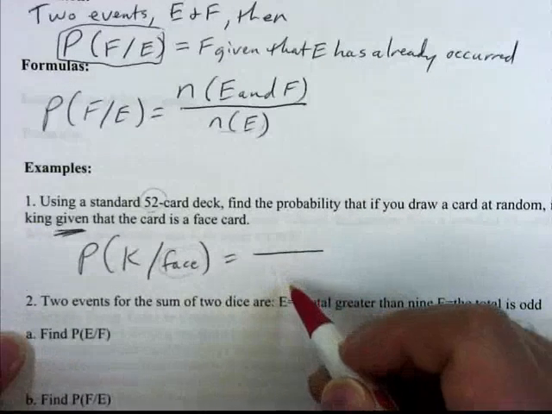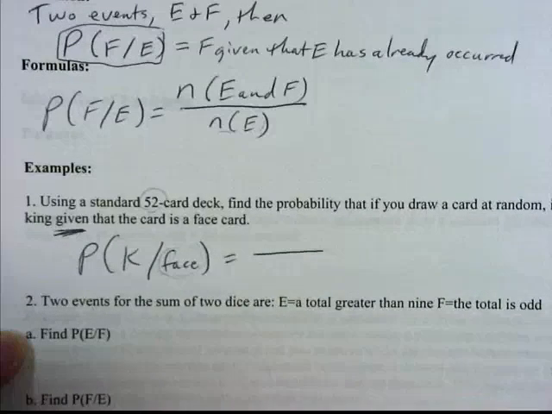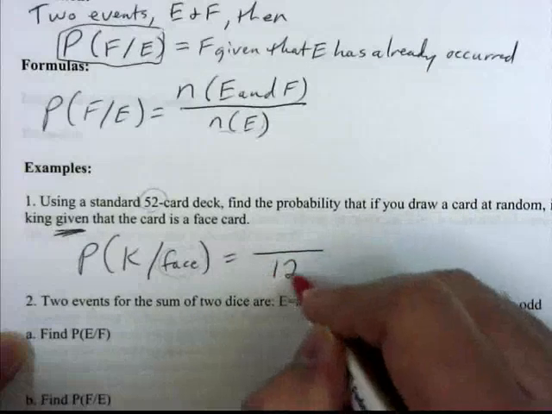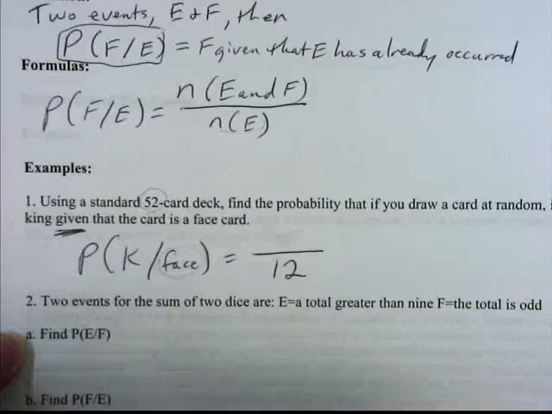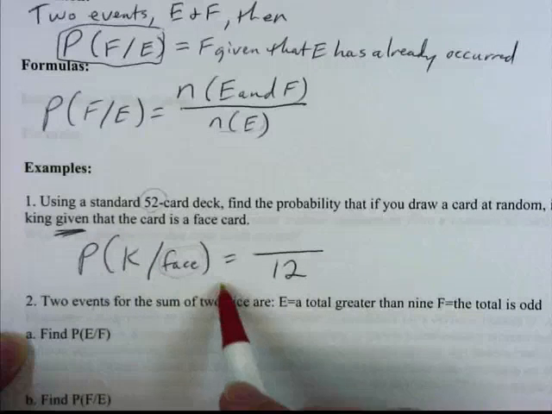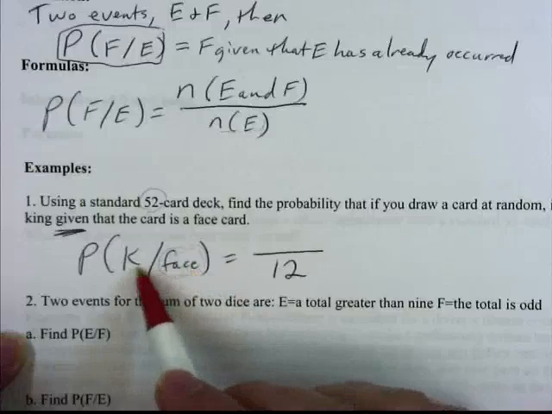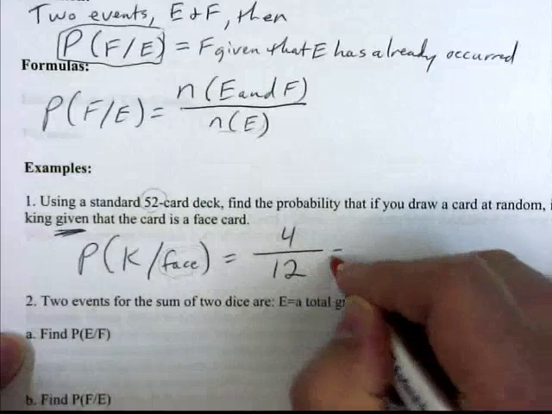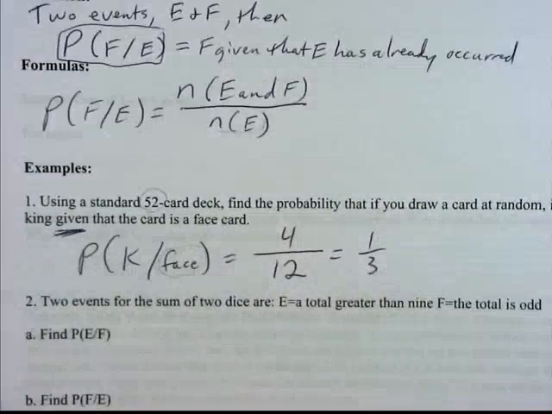That's our new sample space. And remember, there are 3 face cards in each suit, so there's a total of 12 face cards. And the probability of getting a king out of those face cards, well, there are 4 kings. So that simplifies down to 1/3.